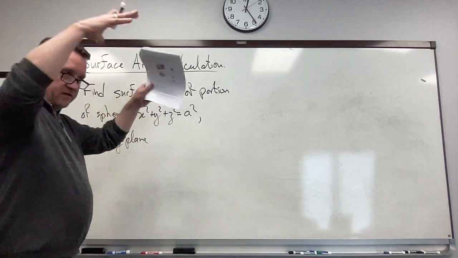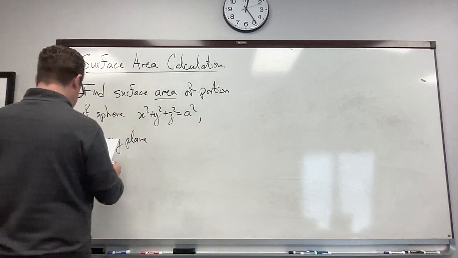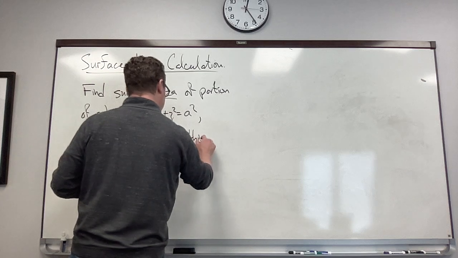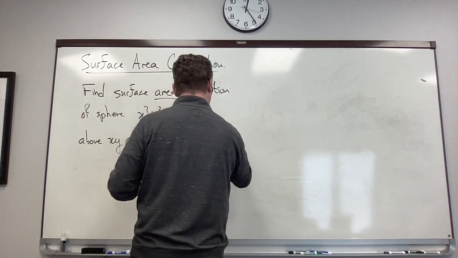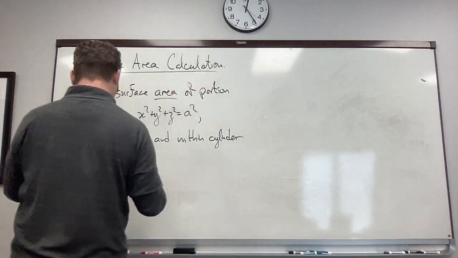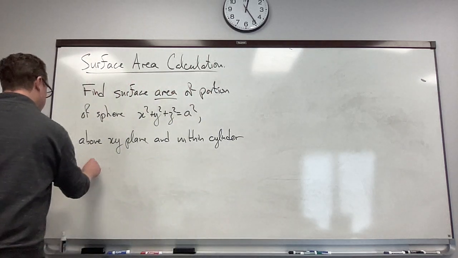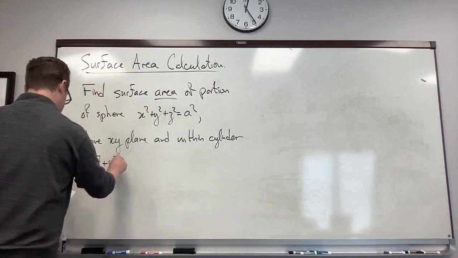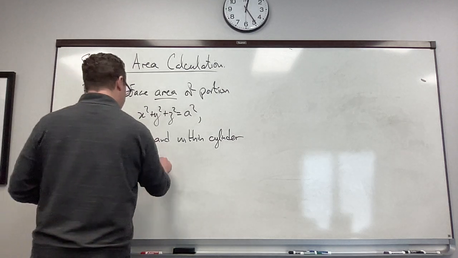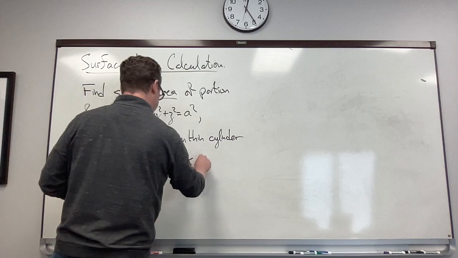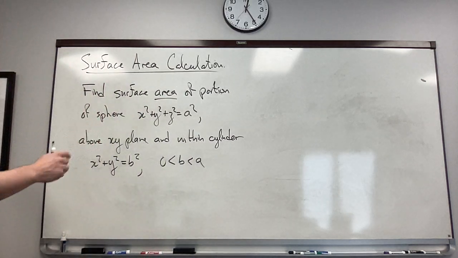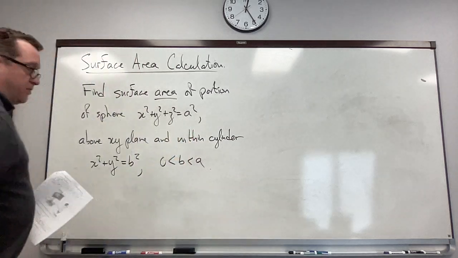So this is the positive hemisphere, top, and within the cylinder x squared plus y squared equals b squared, where, obviously, b is less than a. So that would be what would be said in the problem.